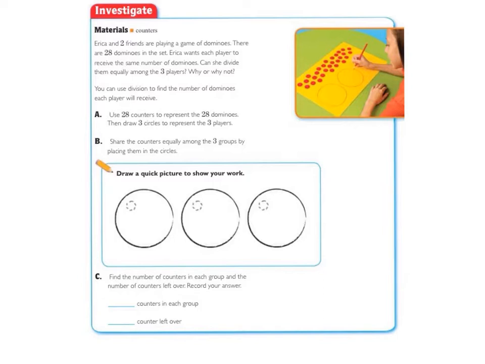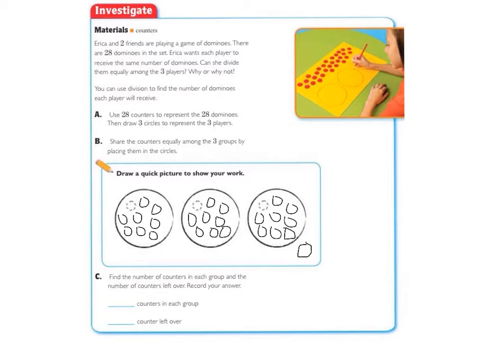So right now we have 1, 2, 3, 4, 5, 6, 7, 8, 9, 10, 11, 12, 13, 14, 15, 16, 17, 18, 19, 20, 21, 22, 23, 24, 25, 26, 27, the last one, 28, doesn't fit in evenly, so we draw it outside down here.